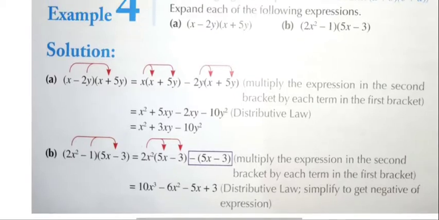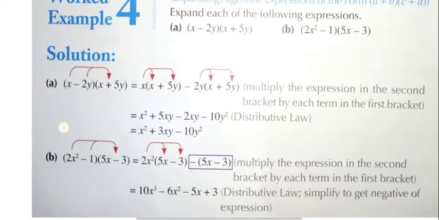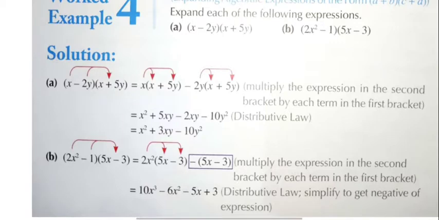We also have the second question. Look at here. The interesting thing here is that this is negative 1, right? So negative 1 times 5x and negative 1 times negative 3 will be this. They don't write the number 1 anymore.